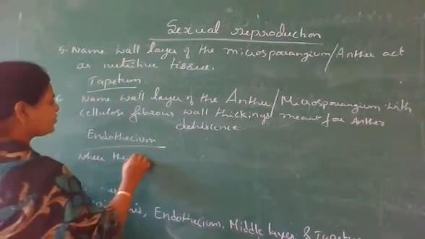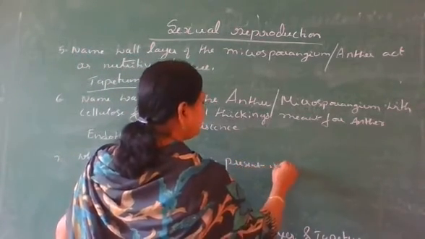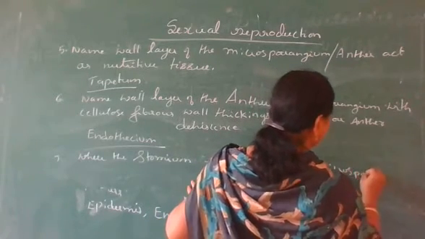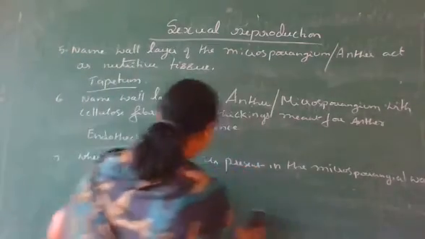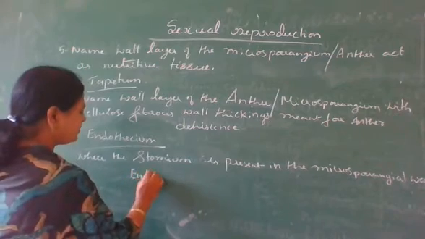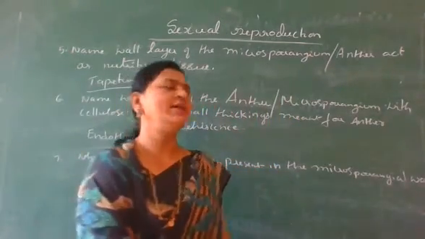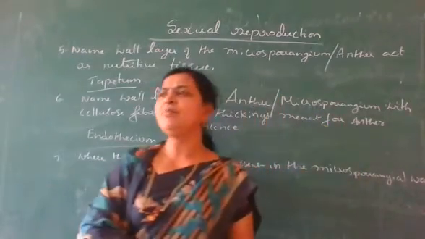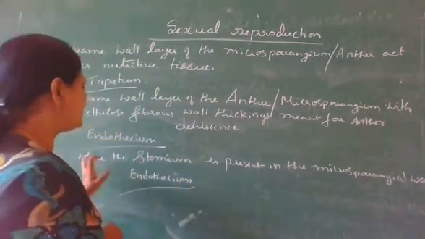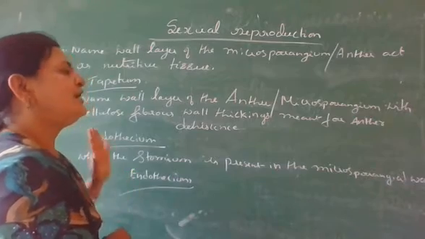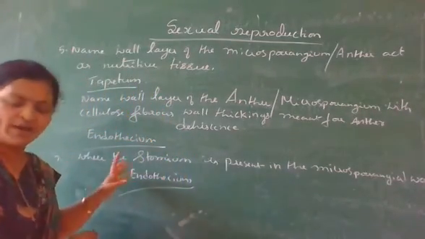Where the stomium is present in the microsporangial wall, the answer is again endothelium. Most cells of the endothelium have cellulose thickenings, but some cells are not provided with them, and those are called stomial cells, meant for dehiscence of the anther at maturity. That is called the stomium.